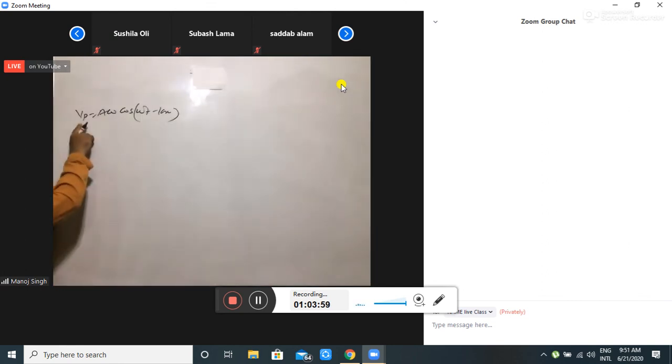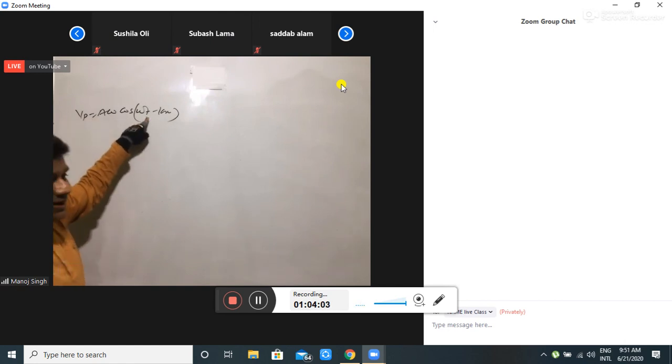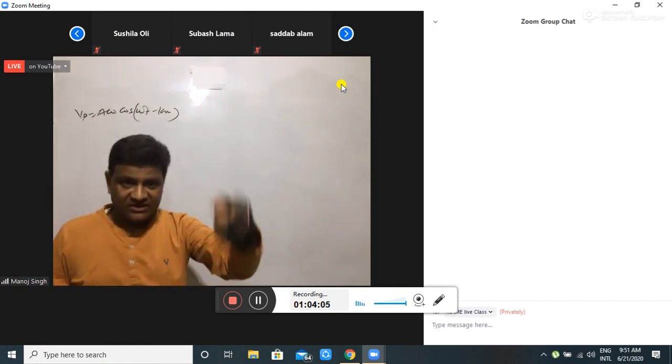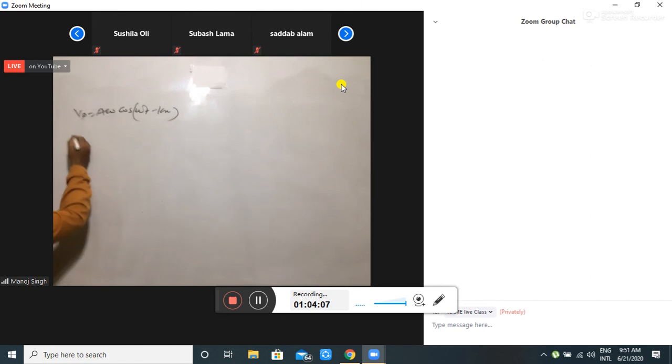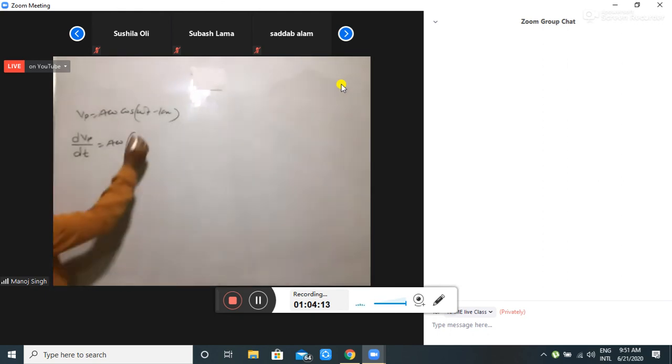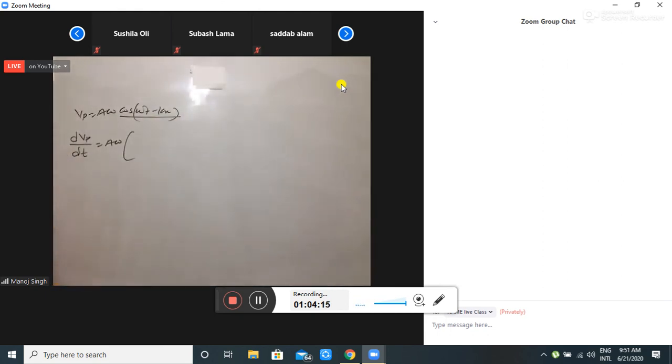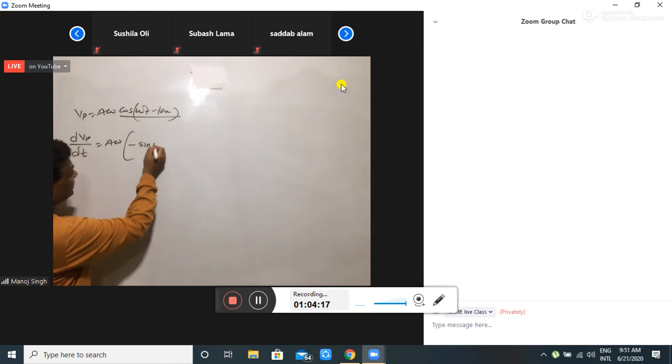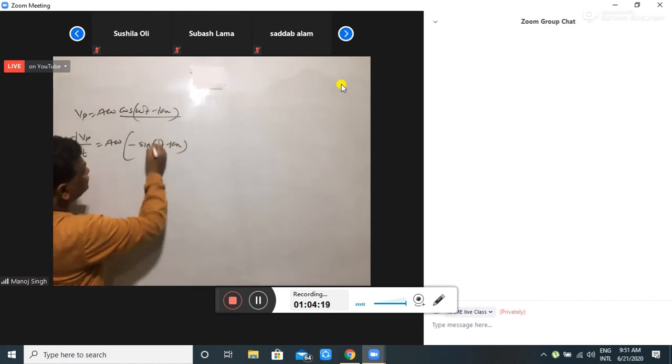Now differentiate velocity with respect to time, keeping x constant. What will come here? dv by dt is equal to a omega, and the differentiation of cos of omega t minus kx is minus sine of omega t minus kx.